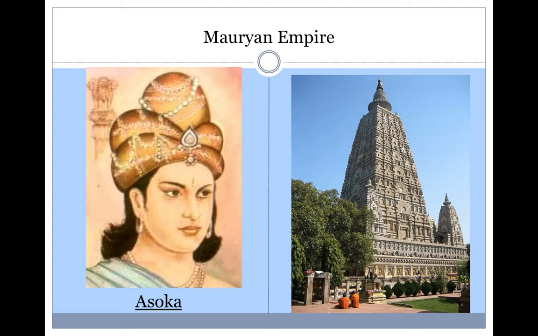So for the second bullet, I want you to write Mauryan Empire, and then put a dash after that. And then we're going to write Asoka. His name is down there in the bottom left. I would underline it for yourself.